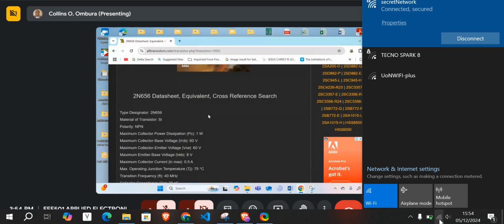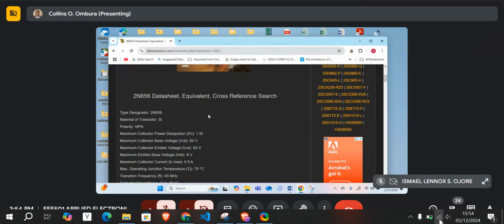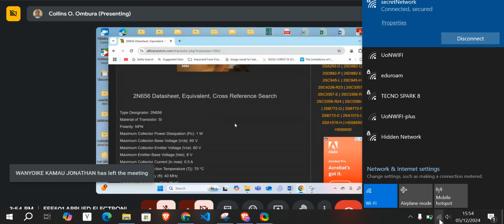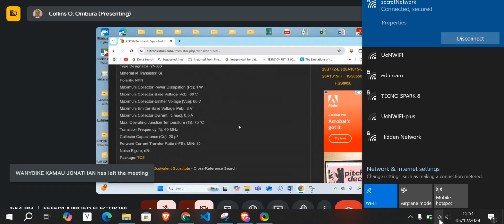So this is a 1 watt transistor, 60 volts. IC max is 0.5 amps. HFE 30.